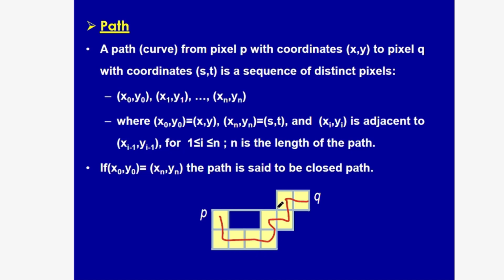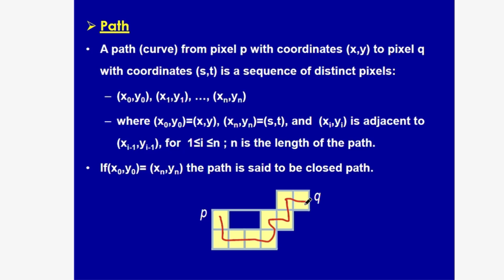This is the path, and the sequence is (x0, y0), (x1, y1), etc., up to (xn, yn). So what is (x0, y0)? The starting pixel P. And (xn, yn) is the ending pixel Q. So you have to connect all these pixels which are adjacent as a sequence.